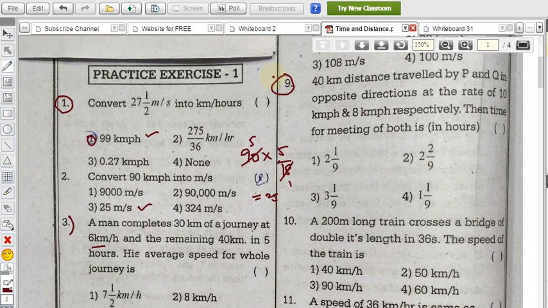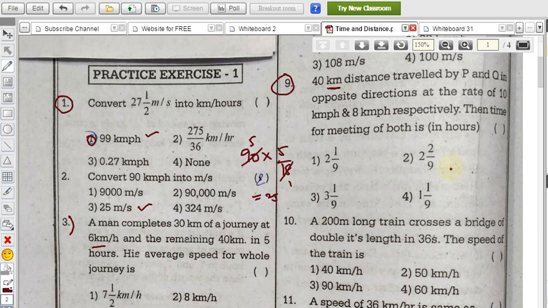Then, 40 kilometer distance between P and Q, traveling in opposite directions at the rate of 10 km per hour and 8 km per hour. Then time for meeting of both. So required time is equal to distance between P and Q by relative speed. Distance between them is 40 kilometers, in opposite directions at the rate of 10 and 8.